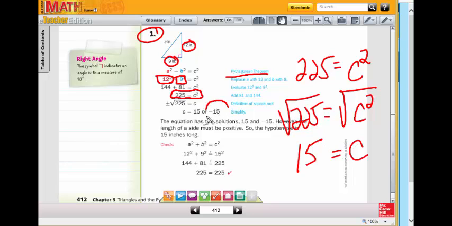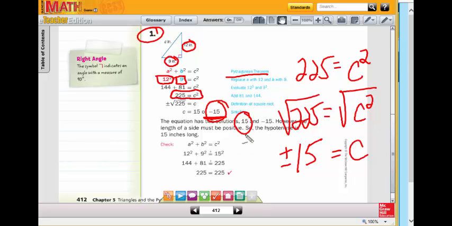But keep in mind that in these situations, remember when we did this earlier in the year, whenever we have a variable squared, we need to talk about plus or minus 15. But in this case, a negative solution does not make any sense because we can't have a negative side length for a triangle, so we just go with the positive 15.